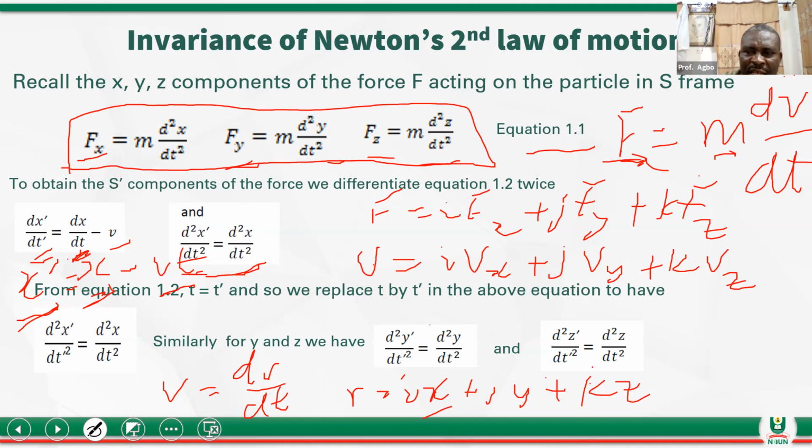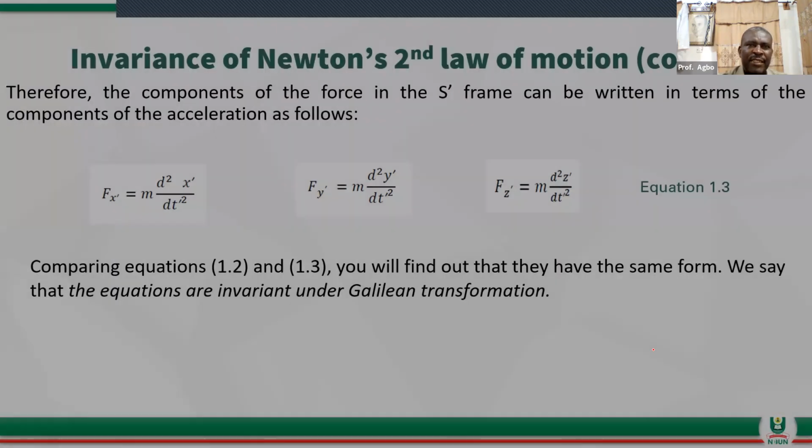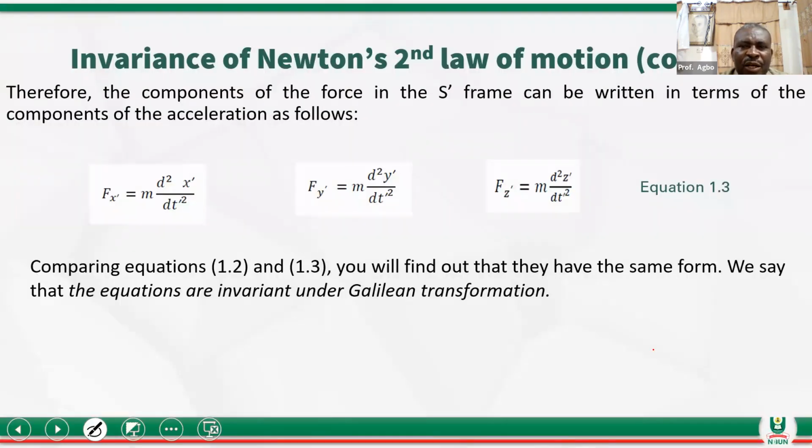The same is true similarly for z. Now, having obtained this, we have just differentiated the Galilean transformation twice. And then we look at the components, we multiply that derivative by m.